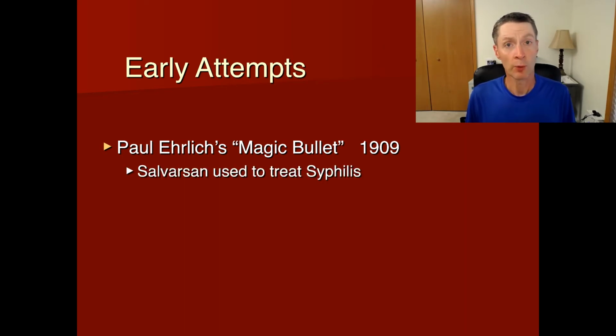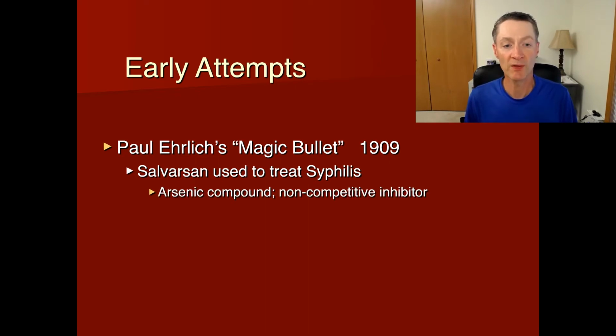Crazy today, but they didn't know the details back then. So early in the 1900s, people would use something called salvarsan to treat something like syphilis, a sexually transmitted infection. It so happens that salvarsan was an arsenic compound.